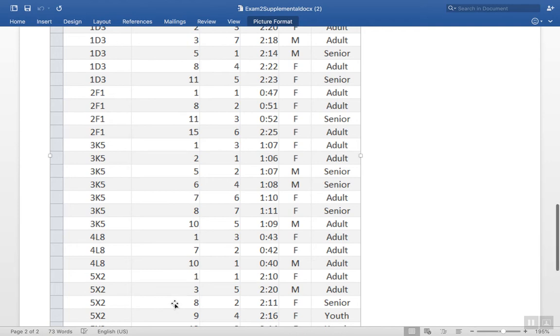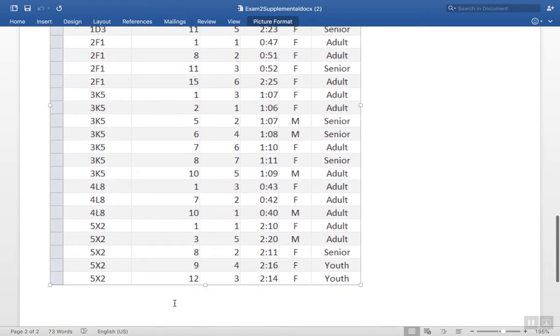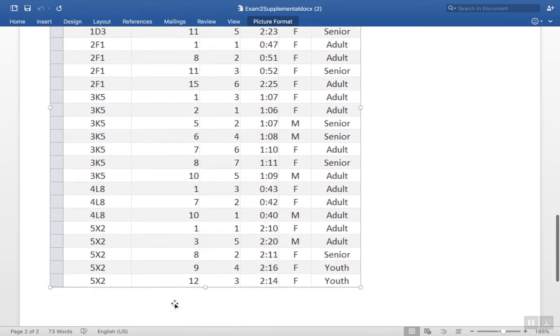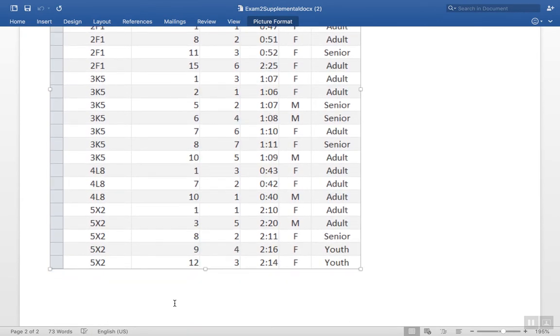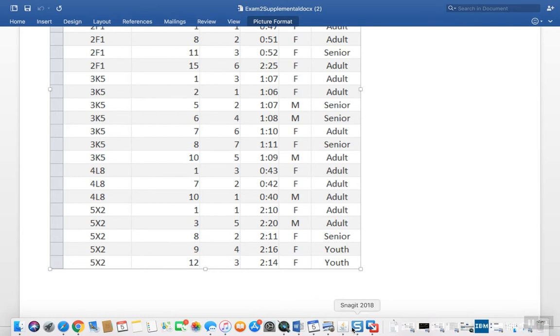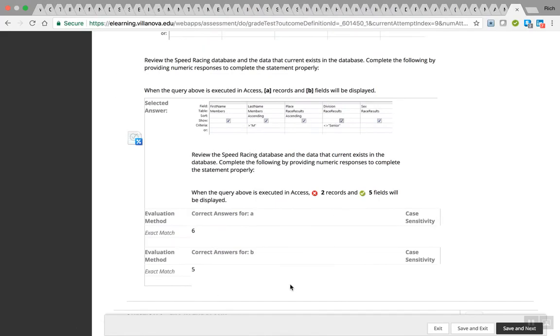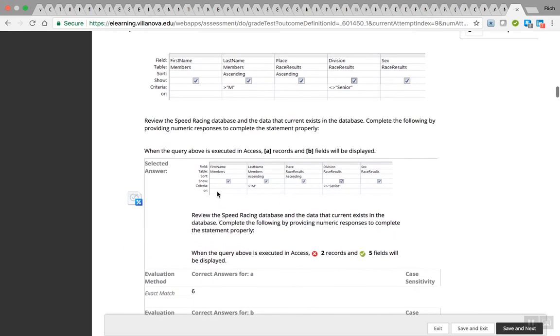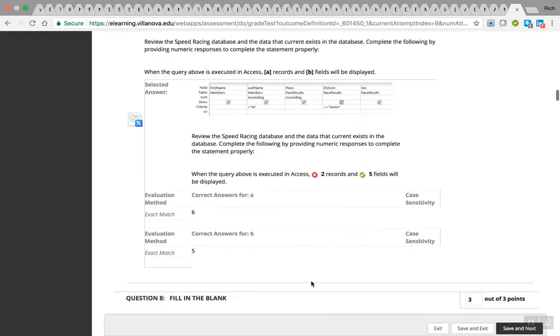Also another 8, also a senior. And there are no 18s in this. Therefore, the result we would get is 6 records, and once again five columns, since there are 5 columns and they're all checked.